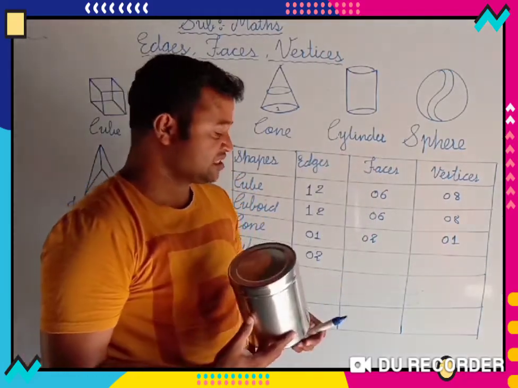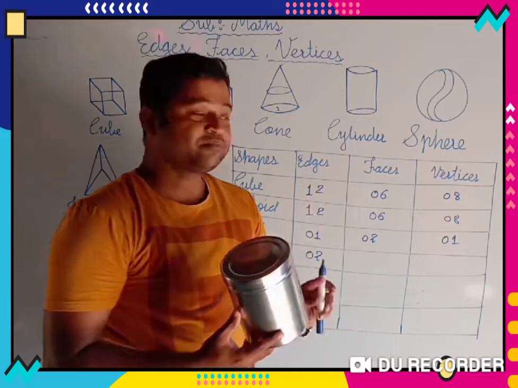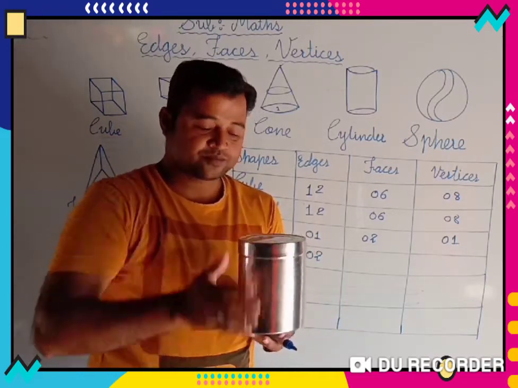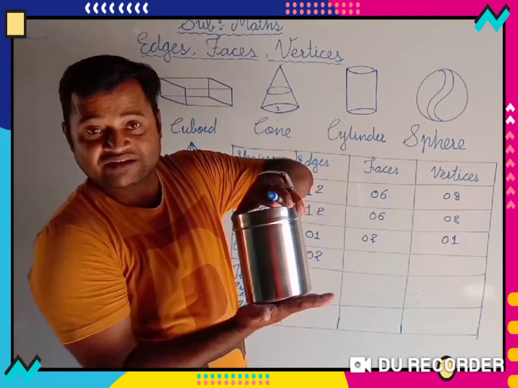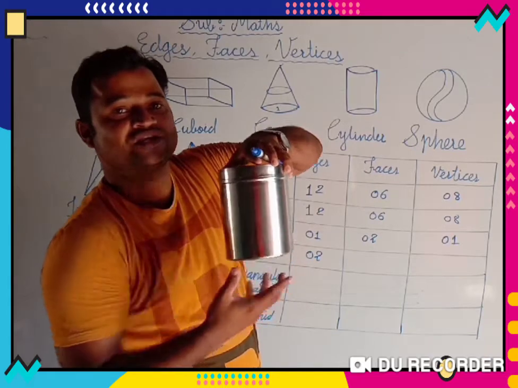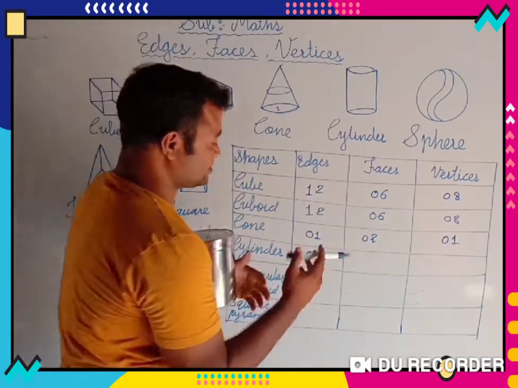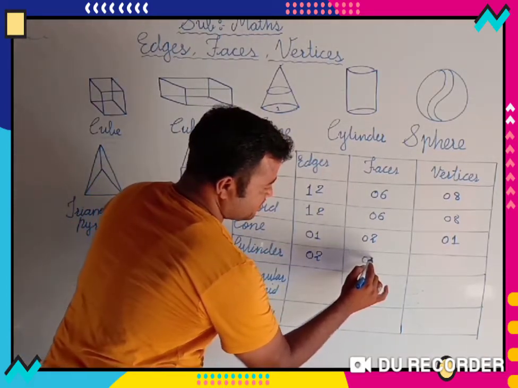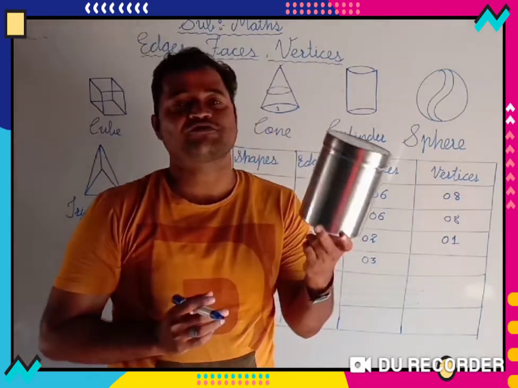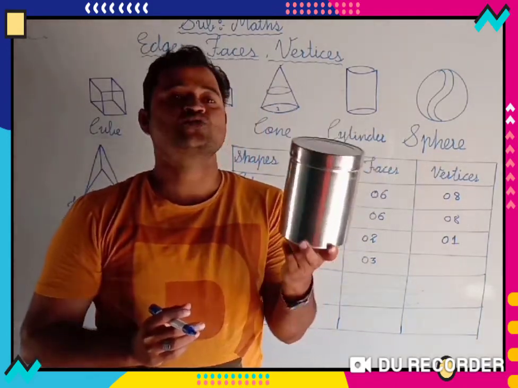Now the number of faces in a cylinder is 3. This is one face which is flat, downside this is the second face which is flat, and the third one is a circular face. So it has 3 faces. And the number of vertices is 0. It has no vertex.